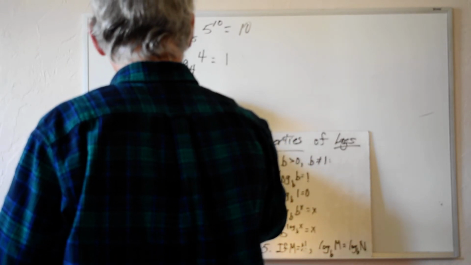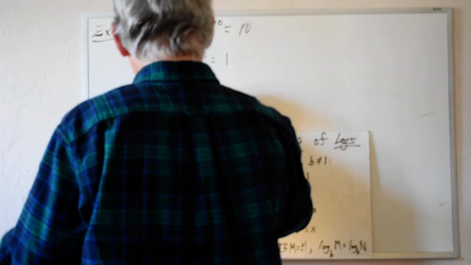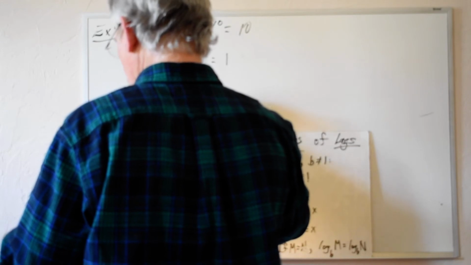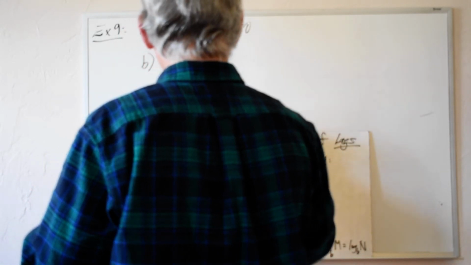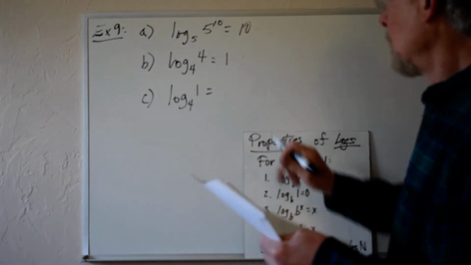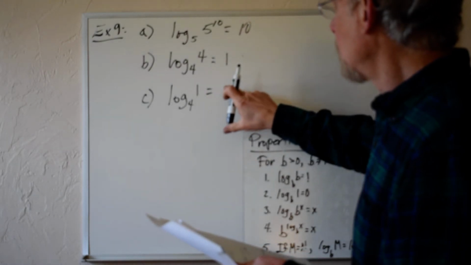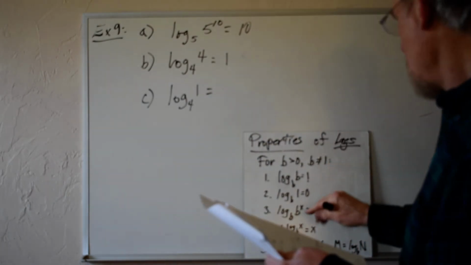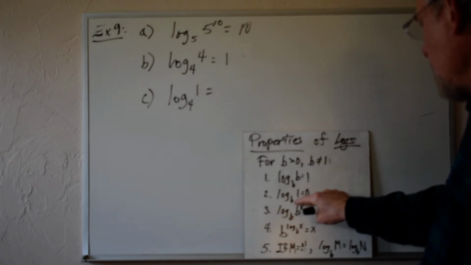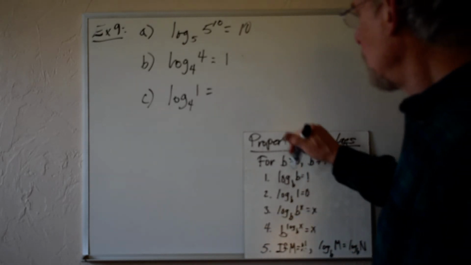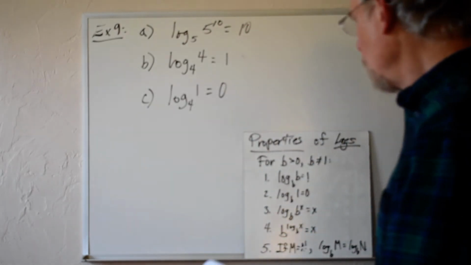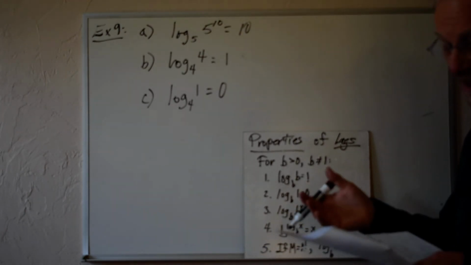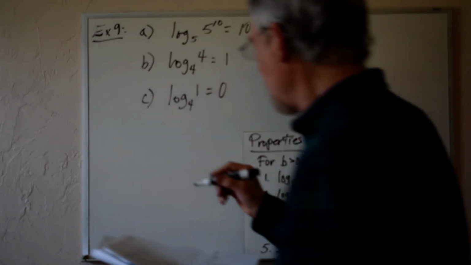Can you simplify this? Log of 1 to the base 4 equals what? Well, 4 to this power equals 1. Well, right, the power always has to be 0. So we're using property 2 there, or just reasoning it out from scratch, however you like.